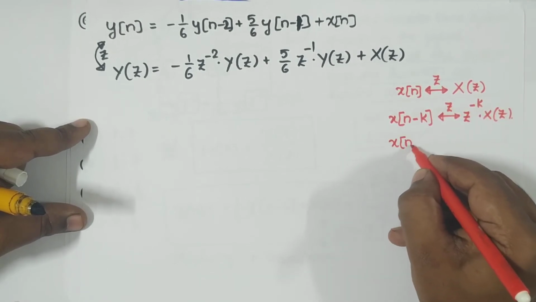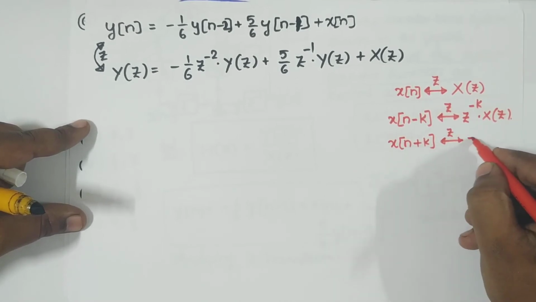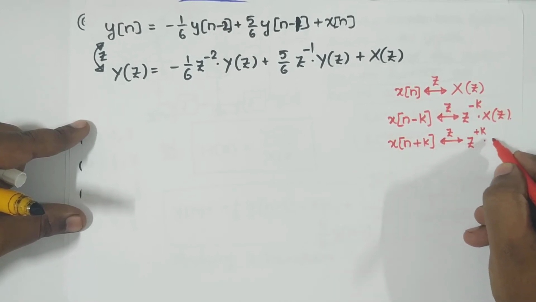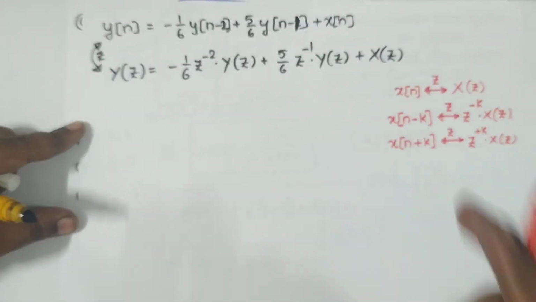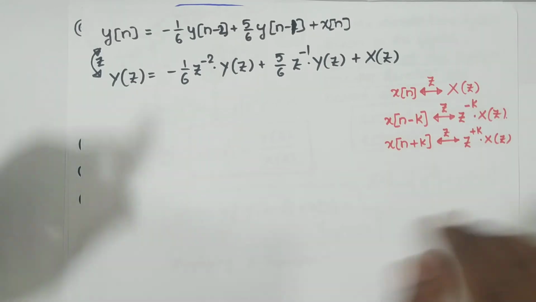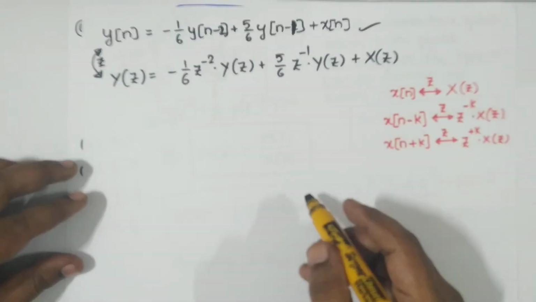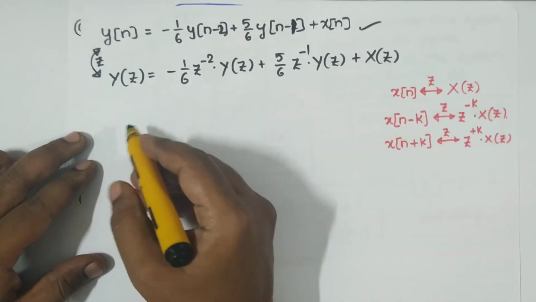And if I have x of n plus k, then we have z power positive k X of z. So bearing these things in mind, we can construct the Z transform for the above linear constant coefficient difference equation.